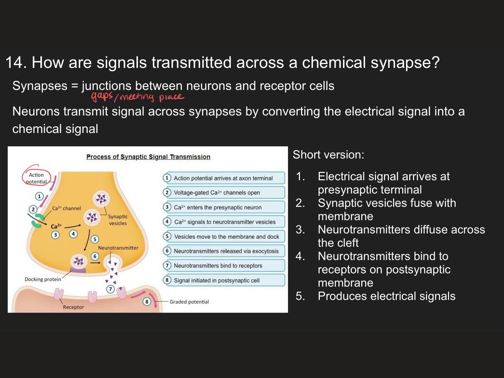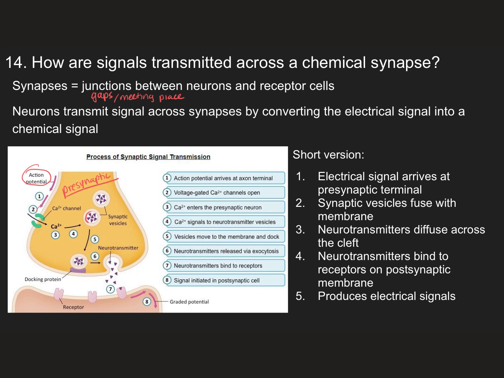Then number 2, voltage-gated calcium channels open, and calcium is going to enter the presynaptic neuron, that's this guy. And then the calcium is going to signal to the neurotransmitter vesicles.